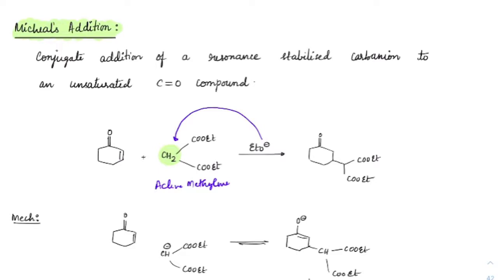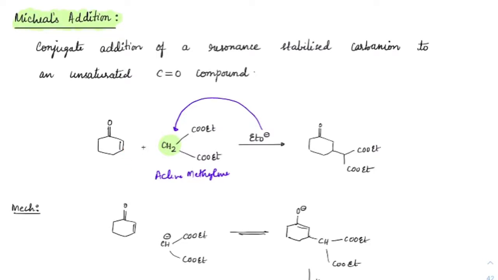Now, a few students were asking why it is not going for 1,2 addition. See, if the nucleophile is not very strong, this C minus would be strongly stabilized by the withdrawing groups here. So this cannot attack on 1,2. Very strong nucleophiles will only go for the kinetic product. Otherwise, all of them will go for the thermodynamic product here. So CH minus will attack here.